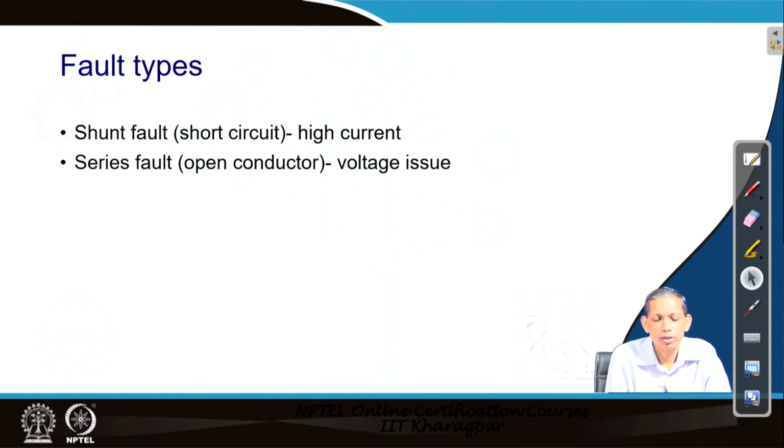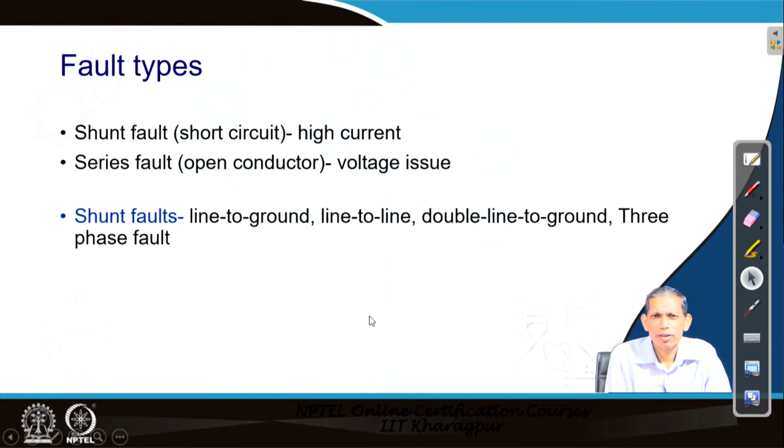But series fault is otherwise a situation of an open conductor, like a cable joint having a problem, and then at the joint point there is an opening. So, therefore, that results in the voltage supply to the load end in that phase becoming unavailable, there is no supply availability.